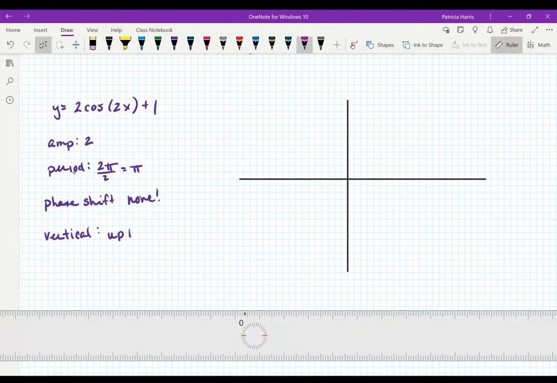So let's see here. Now since I'm vertically shifting up 1, I probably want to scale my y-axis so I can see where that 1 is and not just randomly do an amplitude.